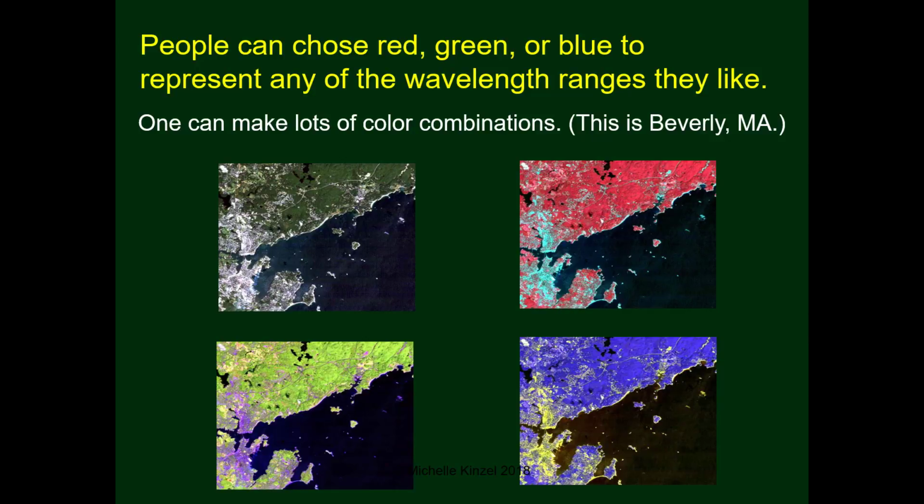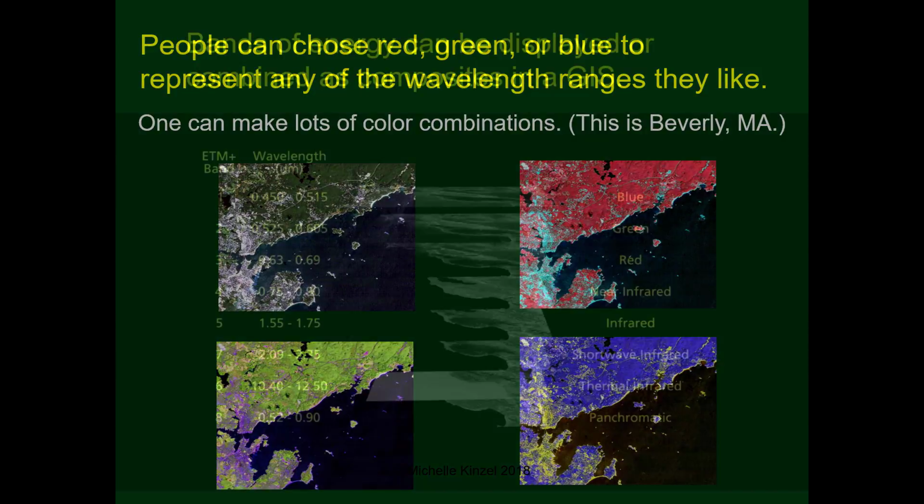In the lower left, the urban areas are purple and the vegetation is a light green. And I think I misspoke, I'm sorry. In the upper right, the vegetation is red. And then in the lower right, it's thermal imagery, so the urban areas are showing up as bright, or what we would think of as the Earth, how it would look at night from space.